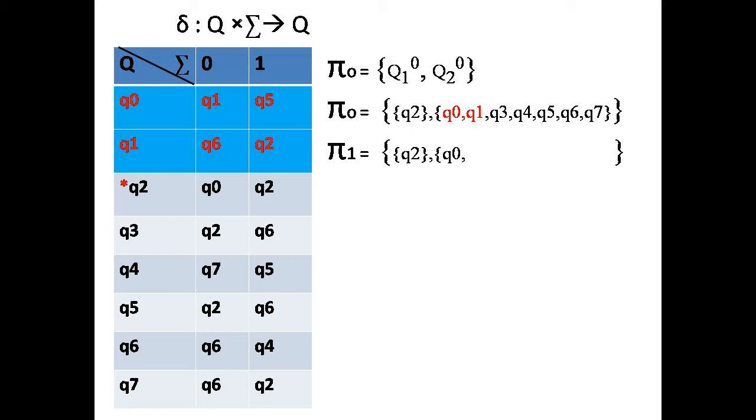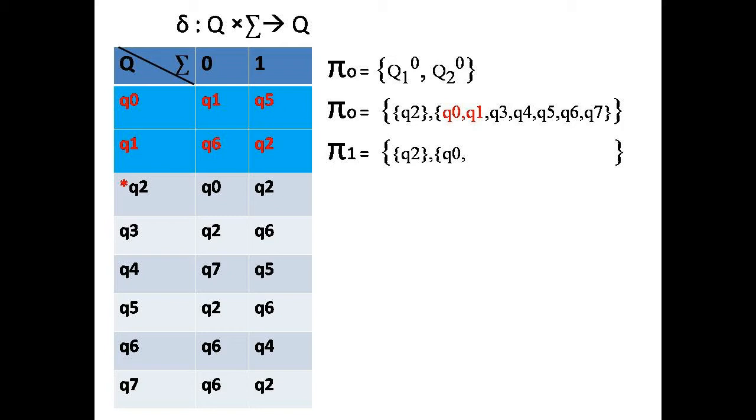Here we have to find out the pi 1 set. In pi 1 set, the state Q2 in pi 0 cannot be further partitioned. Now we will consider the next set Q0 and Q1. Q0 and Q1 on 0 input symbol go to Q1 and Q6.